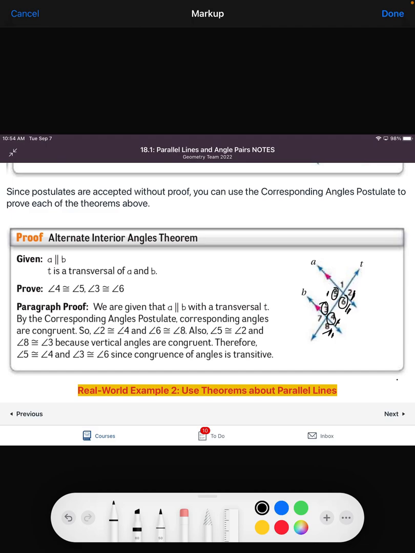Because we've proved that angle 2 equals angle 5 and angle 2 also equals angle 4. And for angle 3, we've proved that angle 6 equals angle 8, and because they're vertical angles, angle 8 is also going to equal angle 3.